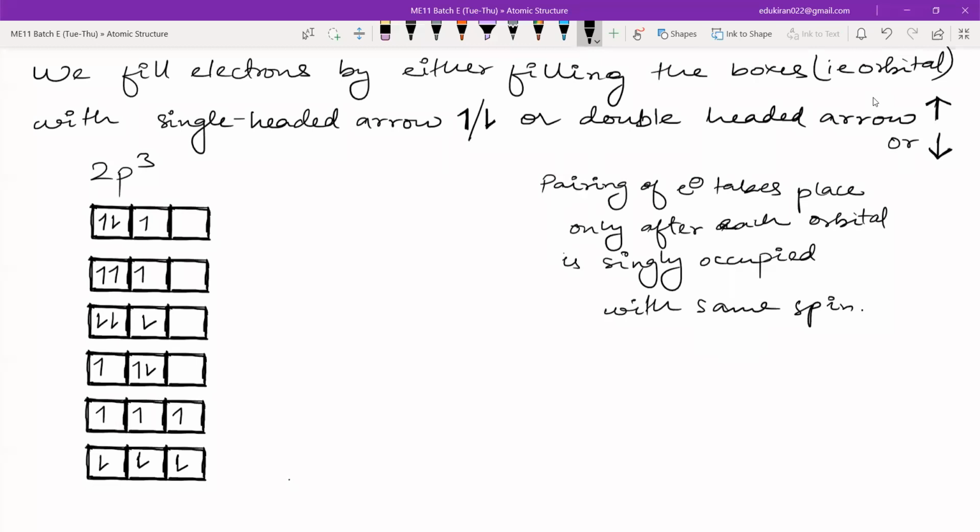So these are the two conditions: it should be singly occupied and with the same spin. Only after that can we start the pairing.